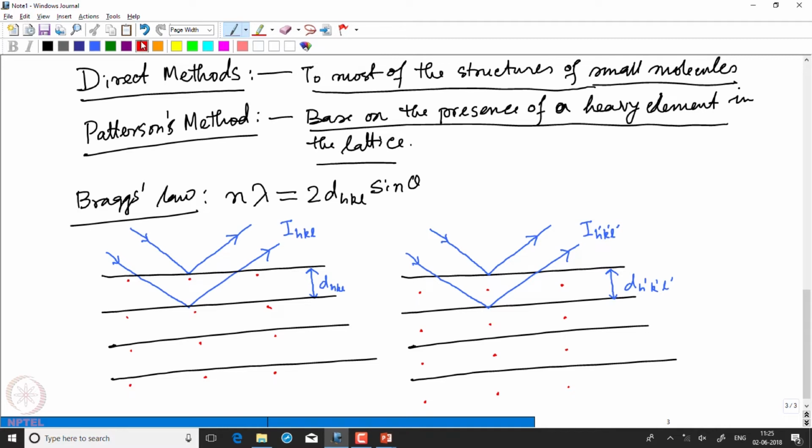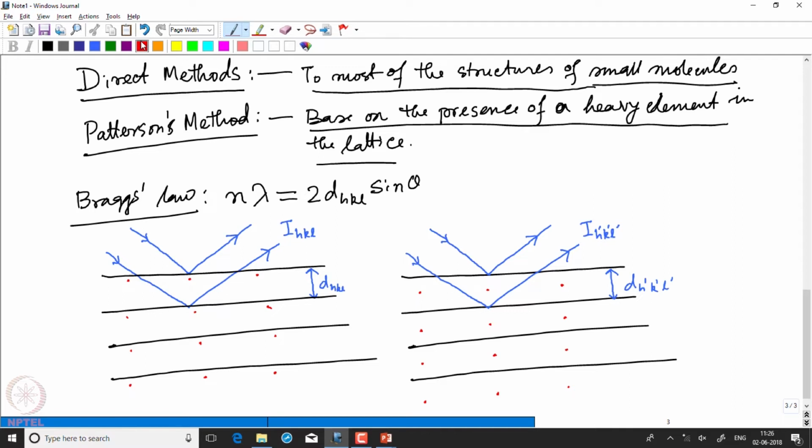So there are two situations side by side. In one case, the atoms are very close to the plane of diffraction, and in the other case, the atoms are far away from the planes in consideration, and from both the planes, the diffraction is occurring.